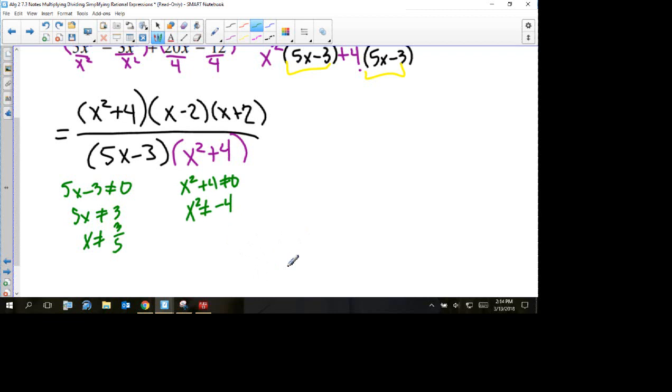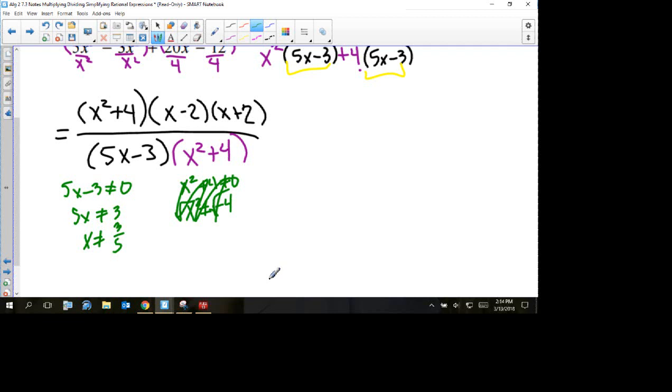But then I square root it, and what happens? I get imaginary. So this is actually useless information because x can't equal an imaginary number. I only need the real number domain restriction.